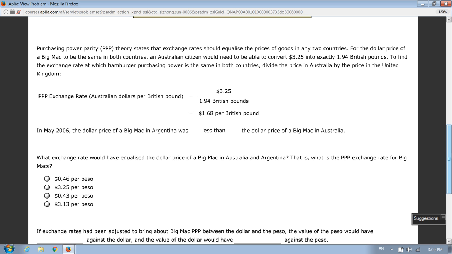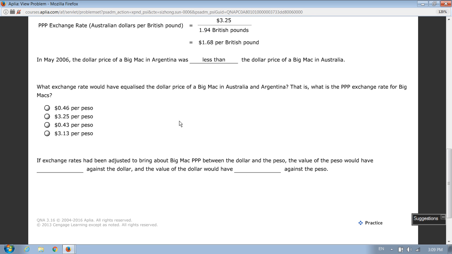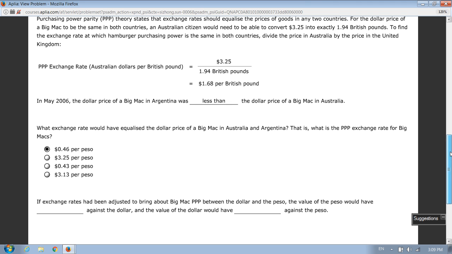What exchange rate would have equalized the dollar price of a Big Mac in Australia and Argentina? To get this, it's domestic price 3.25 divided by foreign price, which is 7. So it's 0.46.